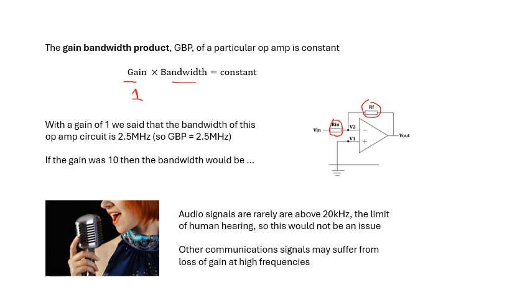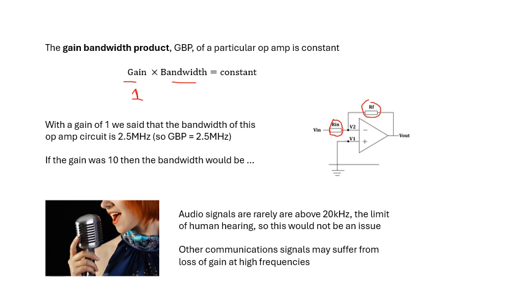So the gain bandwidth product would be 2.5 times 10 to the 6. If we made the gain bigger, then the bandwidth would be less. For example, if the gain was 10, then the bandwidth would be 0.25 megahertz, 250 kilohertz.